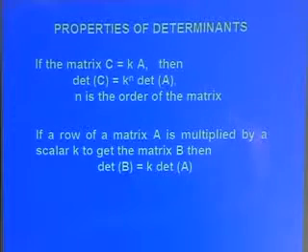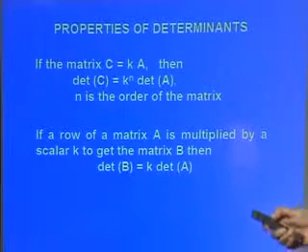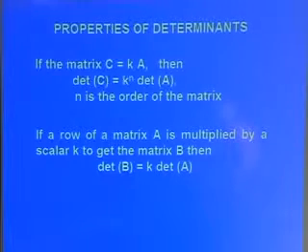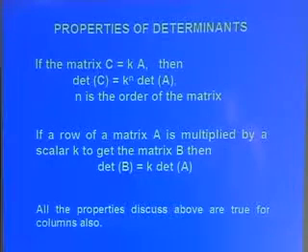The idea is that from each row one can take K outside, and that way there will be n such K's taken out, and the final result is determinant C is equal to K^n determinant A. Now if a row of a matrix A is multiplied by scalar K to get the matrix B, then determinant B is equal to K determinant A. This is what we have proved in my earlier result, and if you apply it for each and every row, then we will have this.